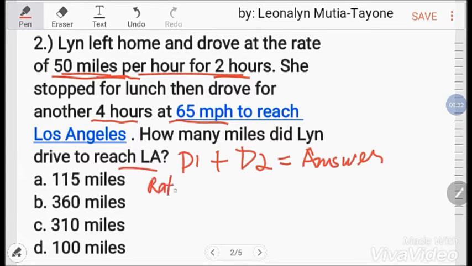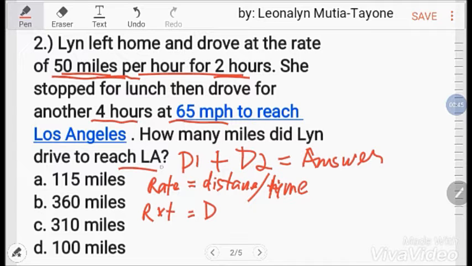Ang rate, formula ng rate ay distance over hour or time. So, rate times time equals distance. Meaning, yung distance 1, itong una, equals 60 times 2, and that is 120.